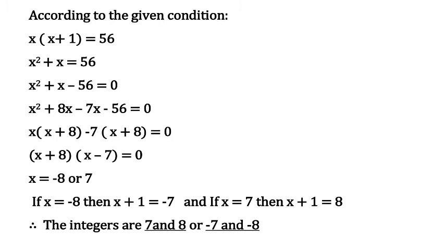Now take the other value. If x is equal to 7, then x plus 1 is equal to 8. Then my integers will be 7 and 8. As it is given as integers, we take both positive and negative values into consideration, so write the conclusion: therefore the integers are 7 and 8 or minus 7 and minus 8.